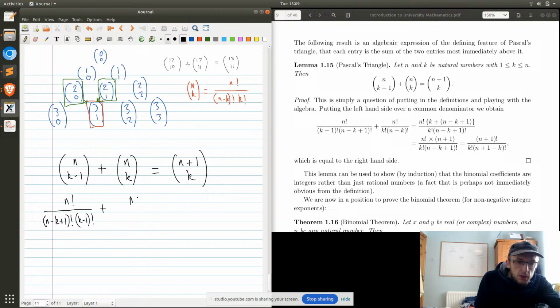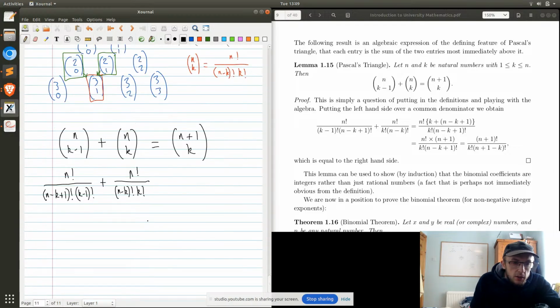This one is straightforward. And now you have to combine them. Now you have to combine them somehow. But how did he do it? How did he do it?